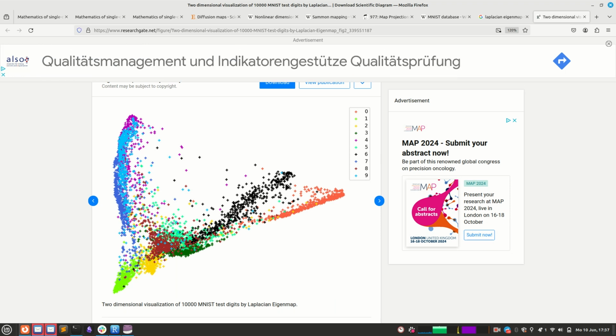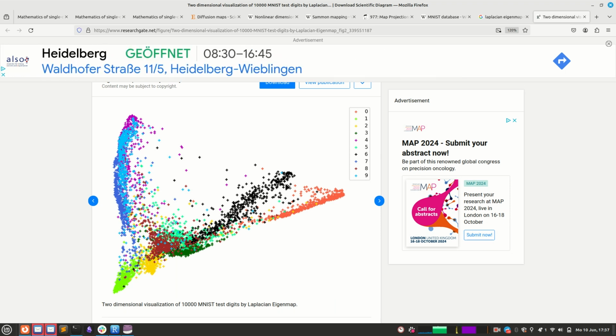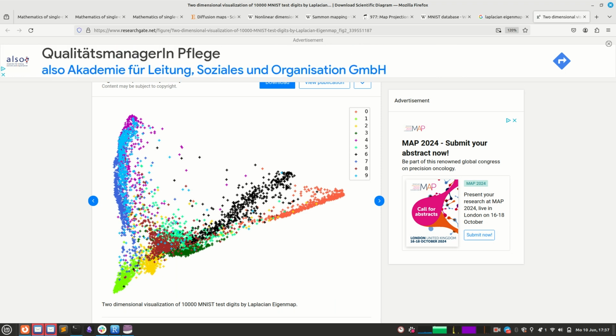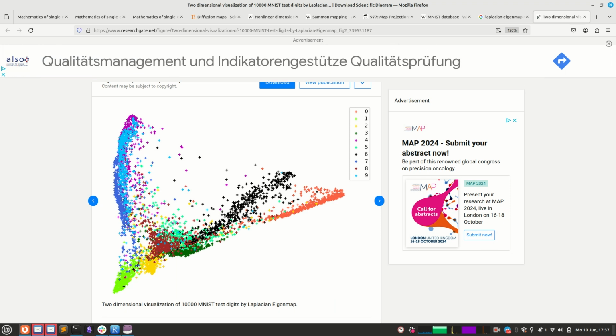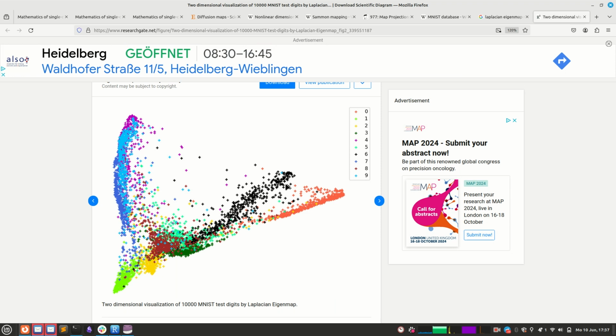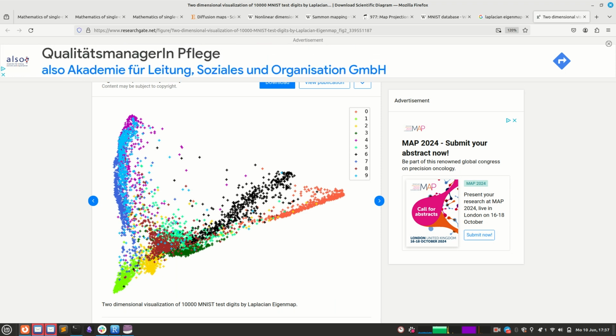Last question, does anybody happen to already know what the Laplace-Beltrami operator is? Good, that's good, because then if I explain it wrongly, nobody will notice, because my differential geometry is also a bit rusty. See you next week.